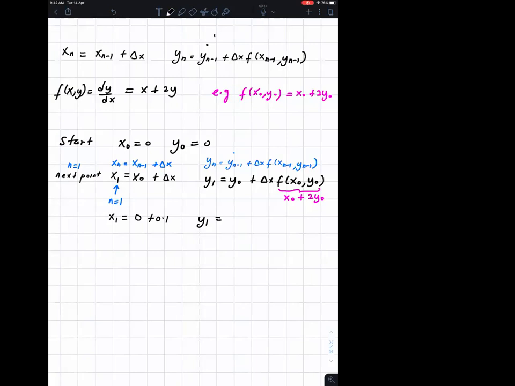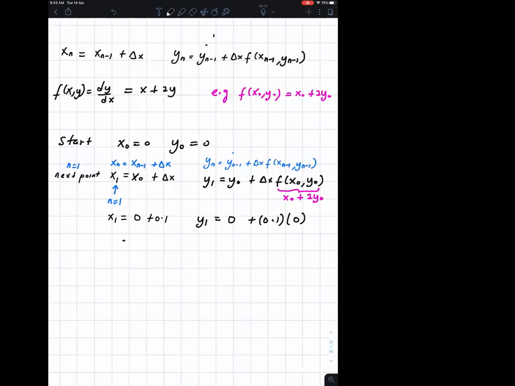Our step size is still 0.1, multiplied by x naught plus 2y naught: x naught is 0, y naught is 0, so all 0.